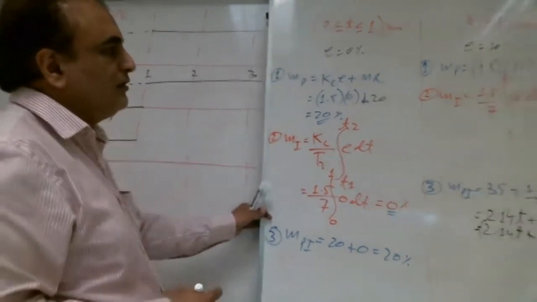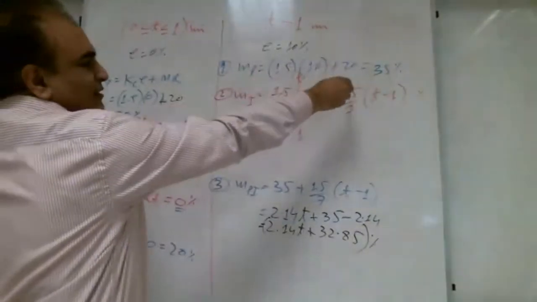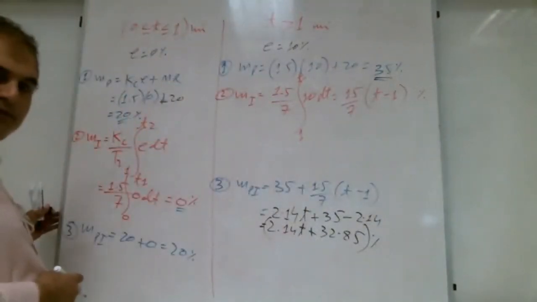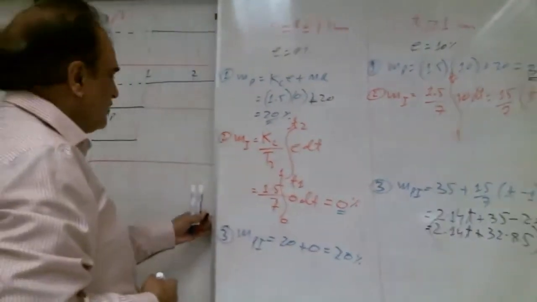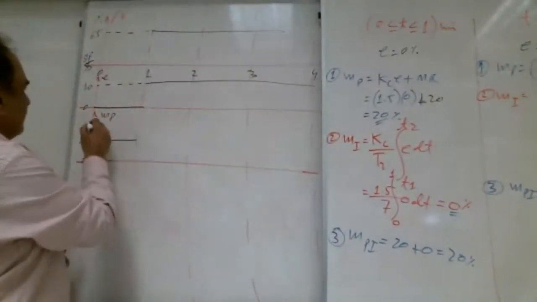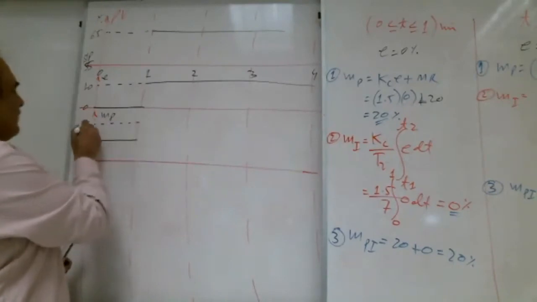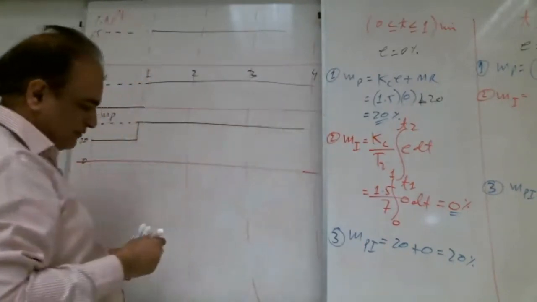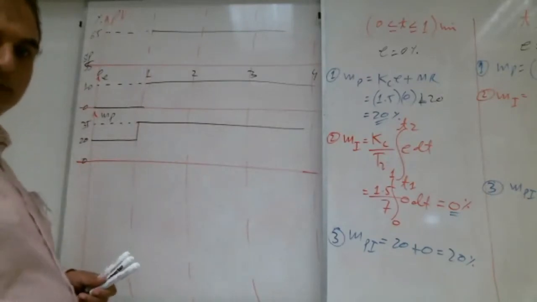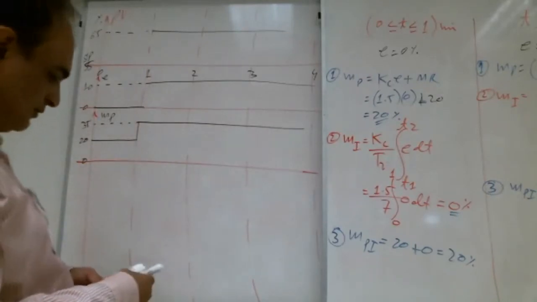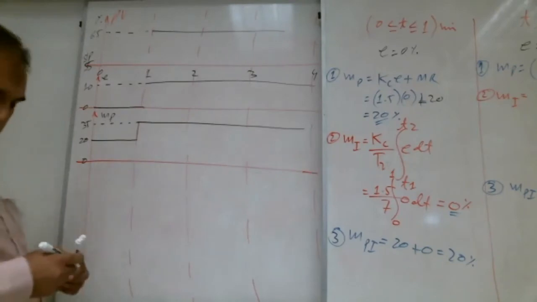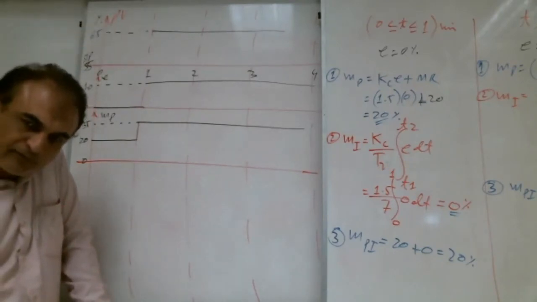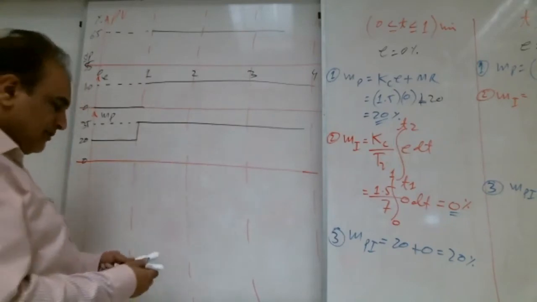And for more than 1, it is how much? 35. That's good. So here we make a line at 35, we raise it and it will go like this. Any question up to here? Any brother has any question?